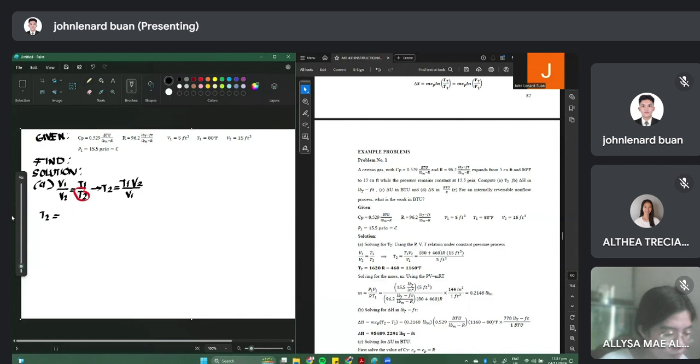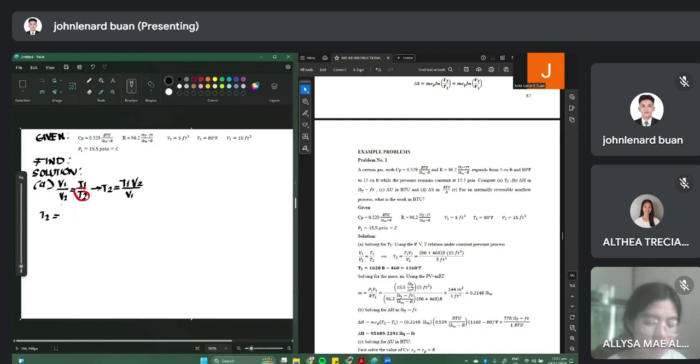Sa given, ang initial temperature is in degrees Fahrenheit. Therefore, the resulting value of T2 must also be in degrees Fahrenheit. Okay po tayo doon? Right.